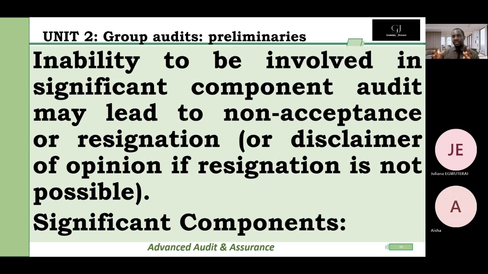So the onus is on the group auditor to be involved in the work of the components, reviewing their work and checking what they are doing to validate all of their inputs into the group financial statements.